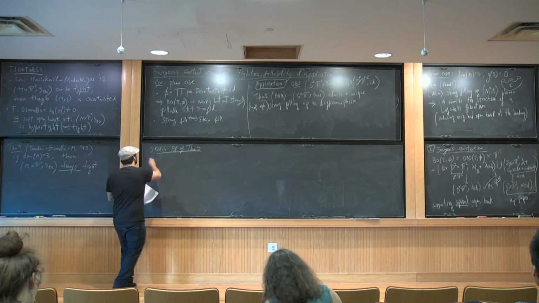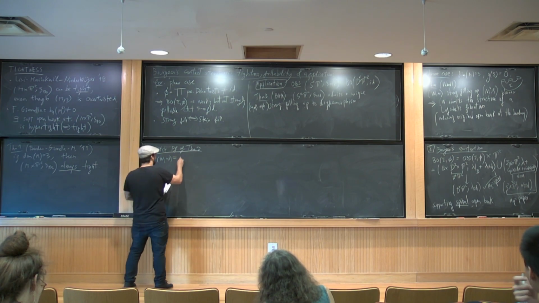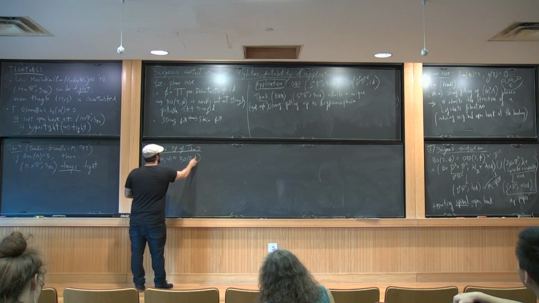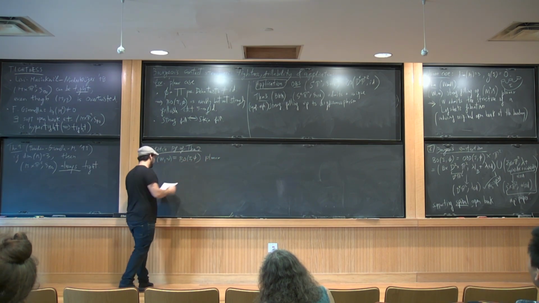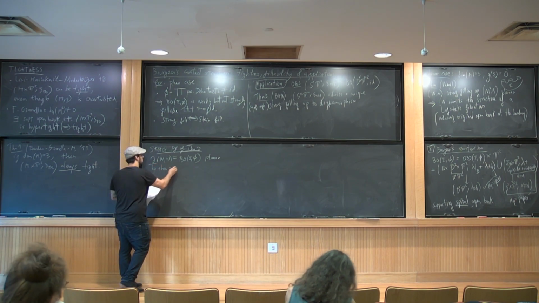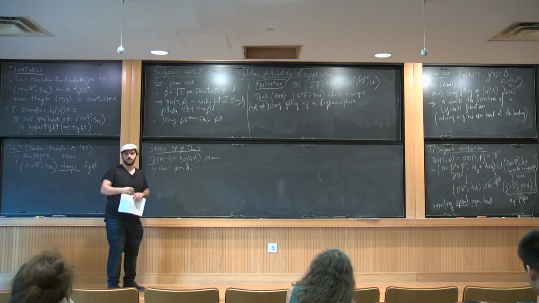Let me remind you, we start with some filling of my Bourgeois. In the planar case, this is a genus 0 surface sigma, and I want to show that phi is trivial. Okay.